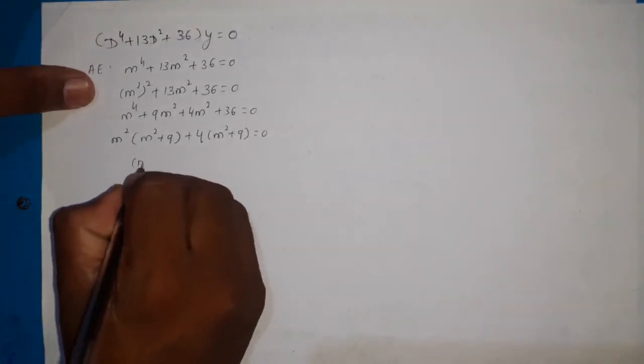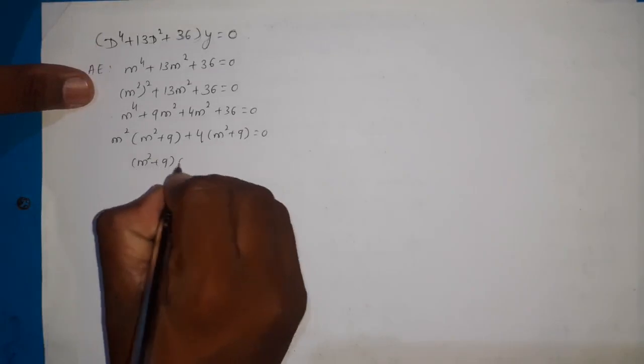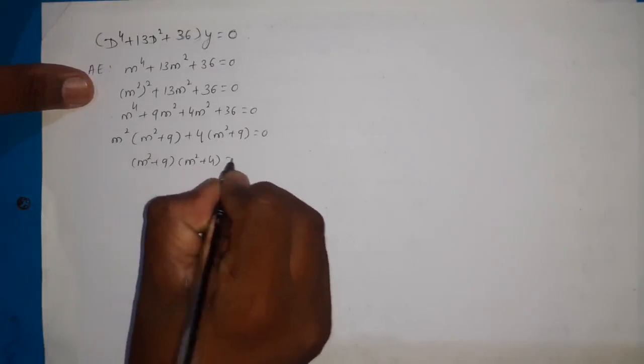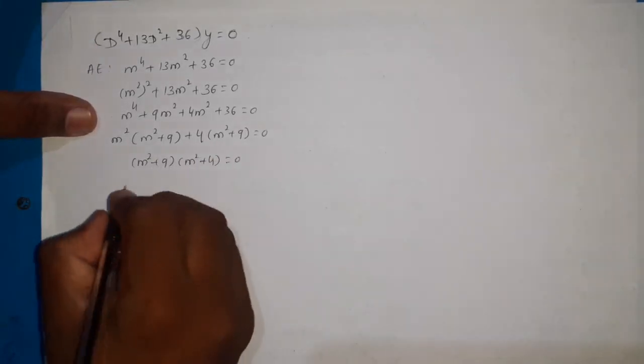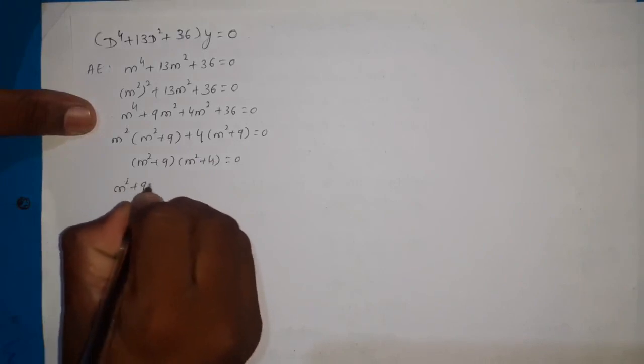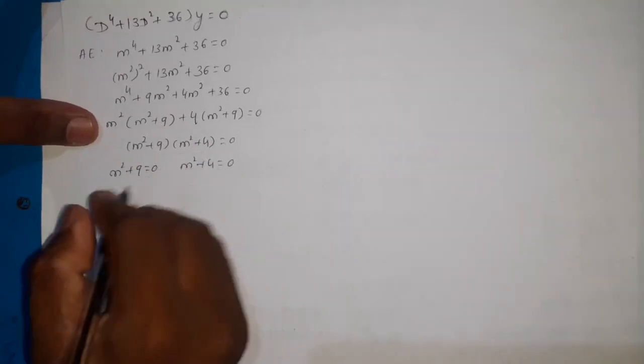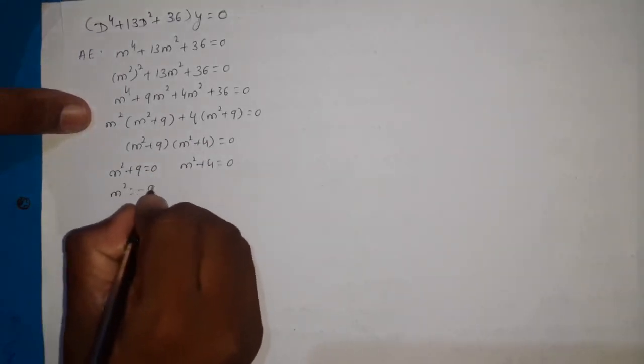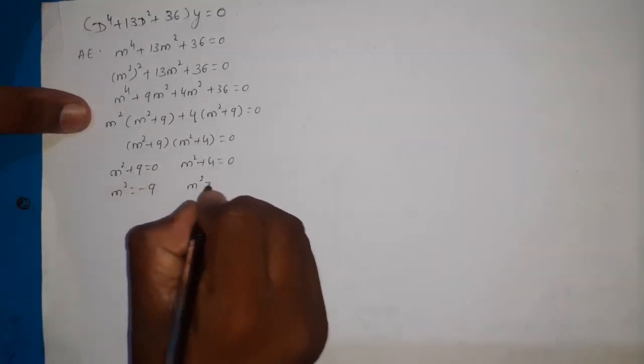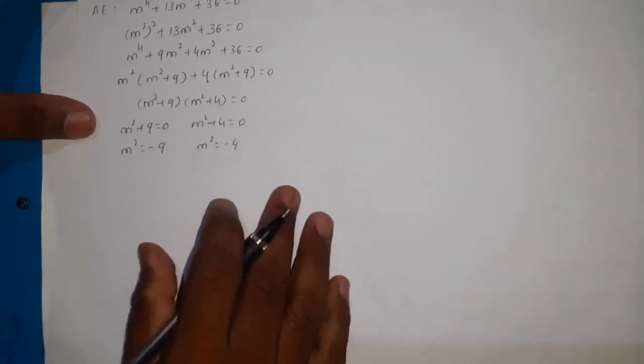So the factors are m square plus 9 and m square plus 4. Now for the roots, m square plus 9 equal to 0 and m square plus 4 equal to 0, so m square equal to minus 9 and m square equal to minus 4.